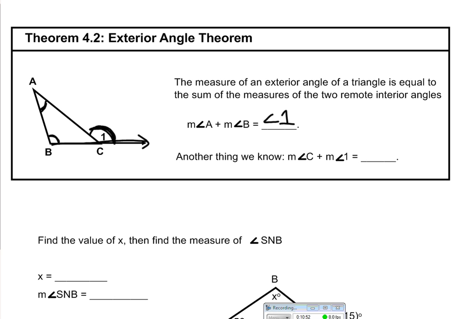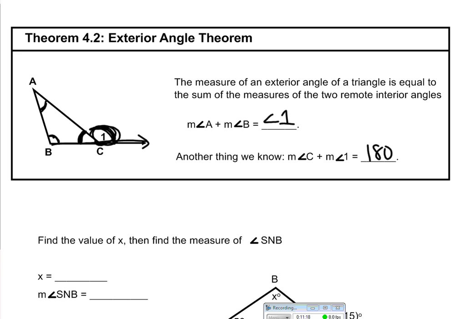So we also know that angle C and angle 1 have to add up to 180. Think about this for a second. On some level, I hope it makes sense. Angle A, angle B, and angle C have to add up to 180 because it's a triangle. Angle C and angle 1 have to add up to 180 because they're a linear pair.